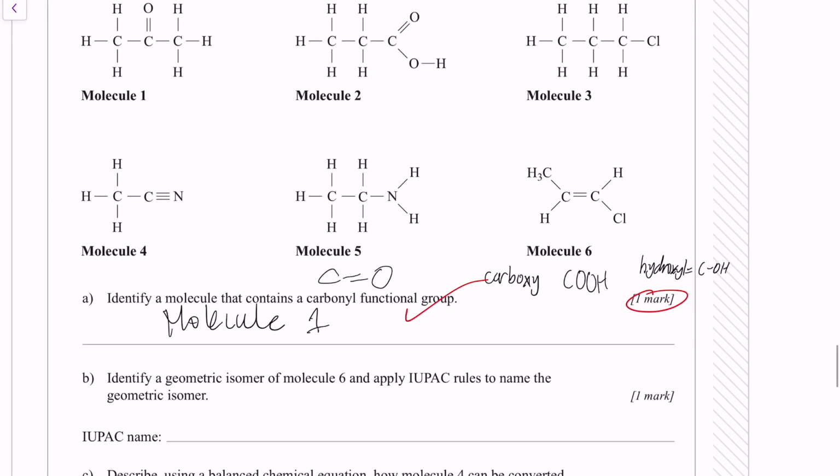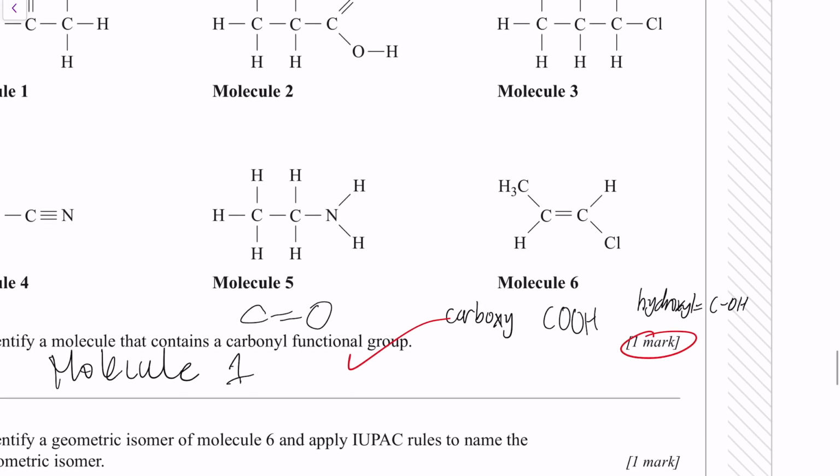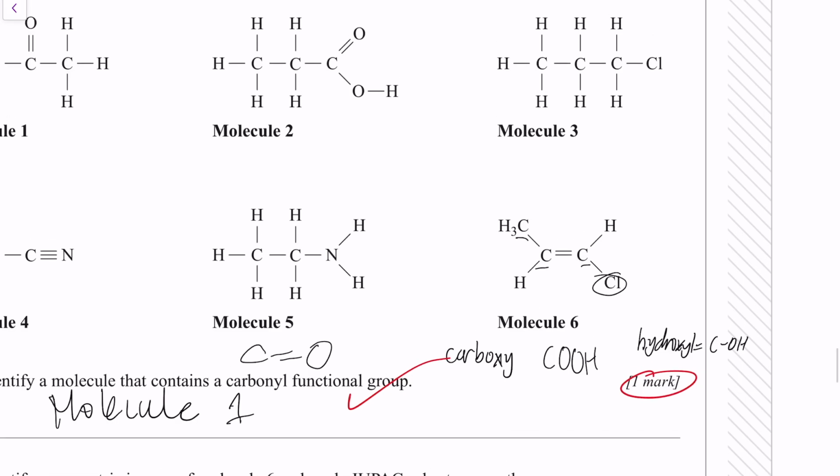Geometric isomers, as opposed to structural isomers, we're not changing necessarily where they are, we're just changing around the position of them in terms of their spatial, I guess, 3D dimensional space. So for example, we have 3 carbons here, right? This chlorine, which I believe will be a haloalkene, molecule 6.